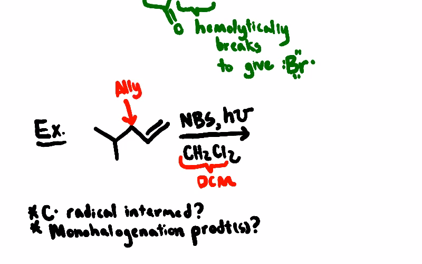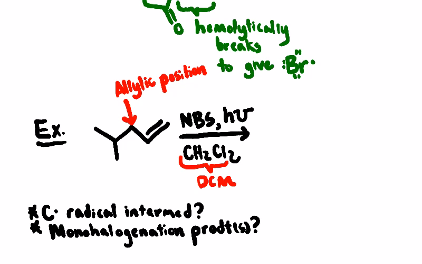So you want to be able to recognize the allylic position, and that's going to be a great location to form a radical because we're going to have that resonance stabilization, where the resonance stabilization is going to be greater than the stabilization conferred by having the radical on a tertiary carbon of an alkane group versus a secondary carbon, etc.